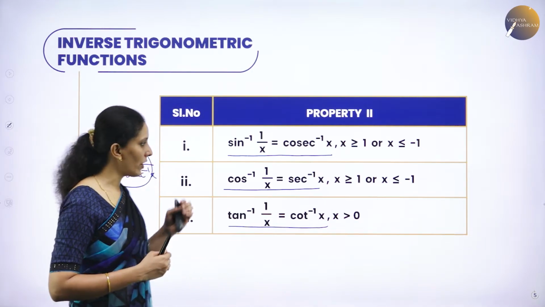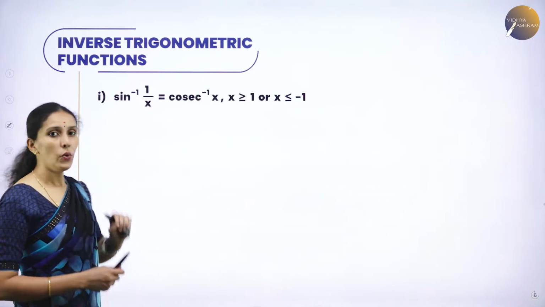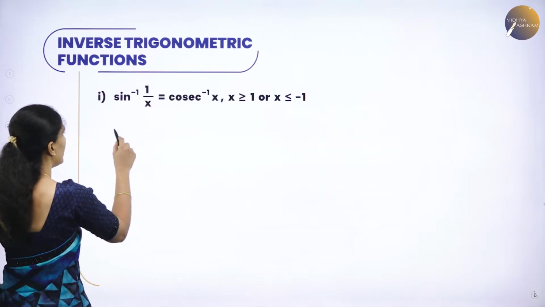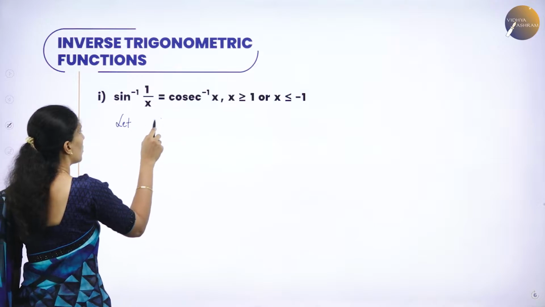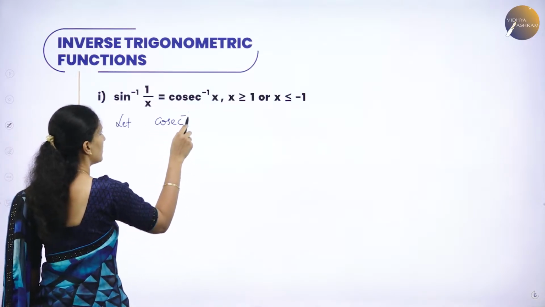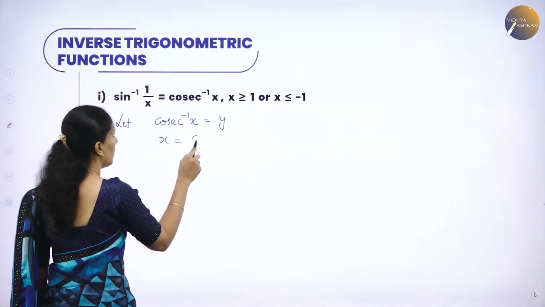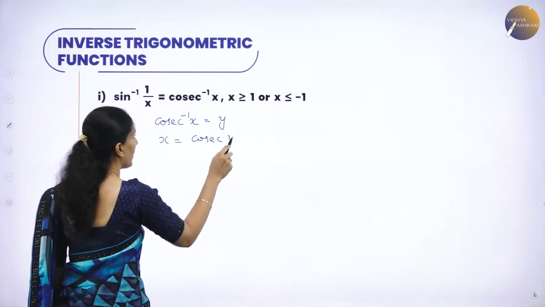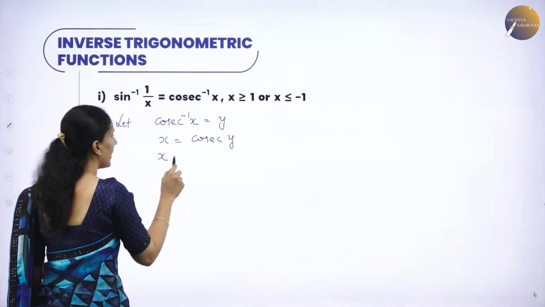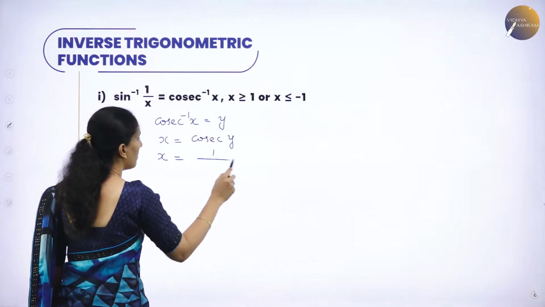So let us prove any one of the results here. So now how can we prove this? Let cosecant inverse x is equal to y. Then I can take x is equal to cosecant y. I also can take x is equal to 1 by sine y.